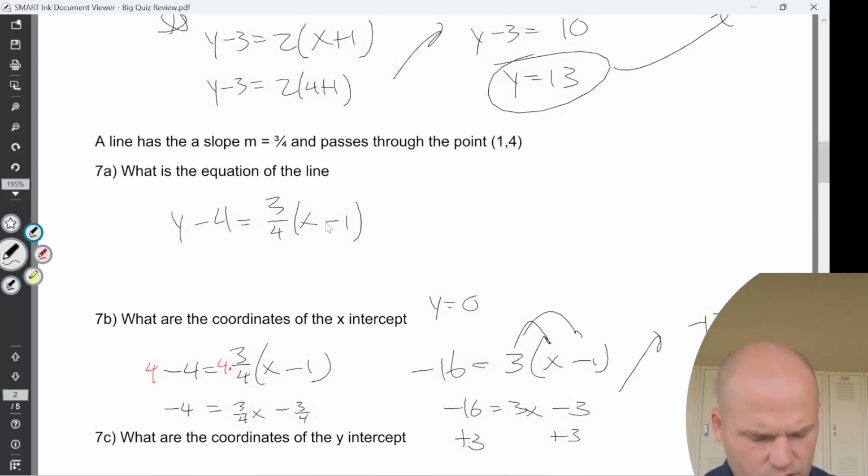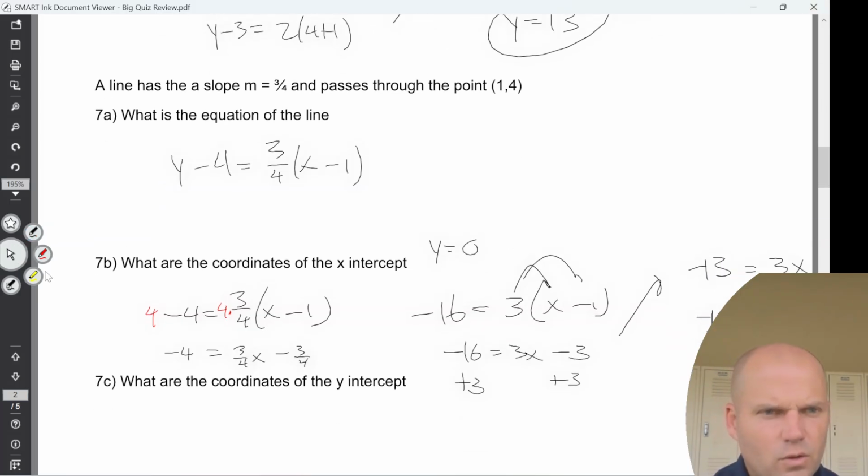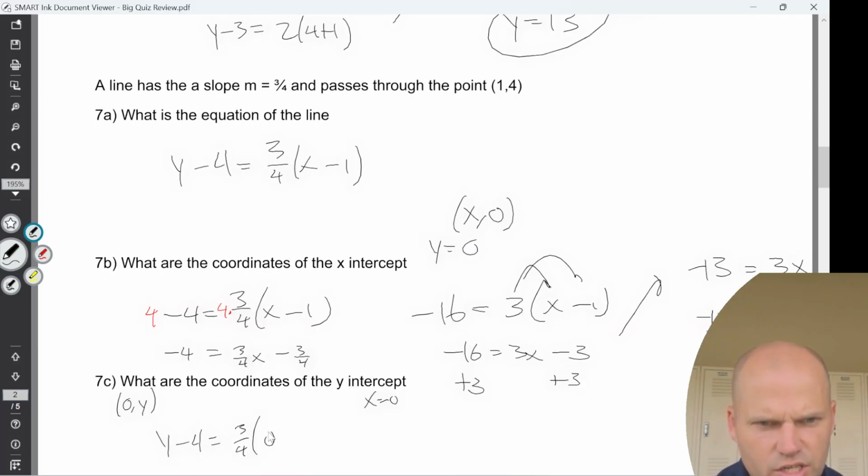Using this equation, the y-intercept is when x equals 0. We have x, comma 0 for our x-intercept, so negative 13/3, 0. The y-intercept is going to be 0, comma y. So I have y minus 4 equals 3/4 times 0 minus 1.